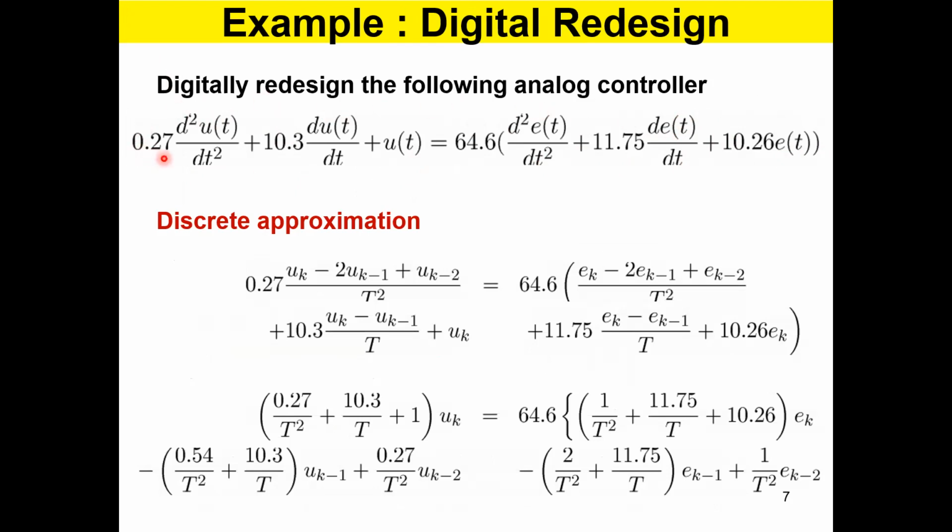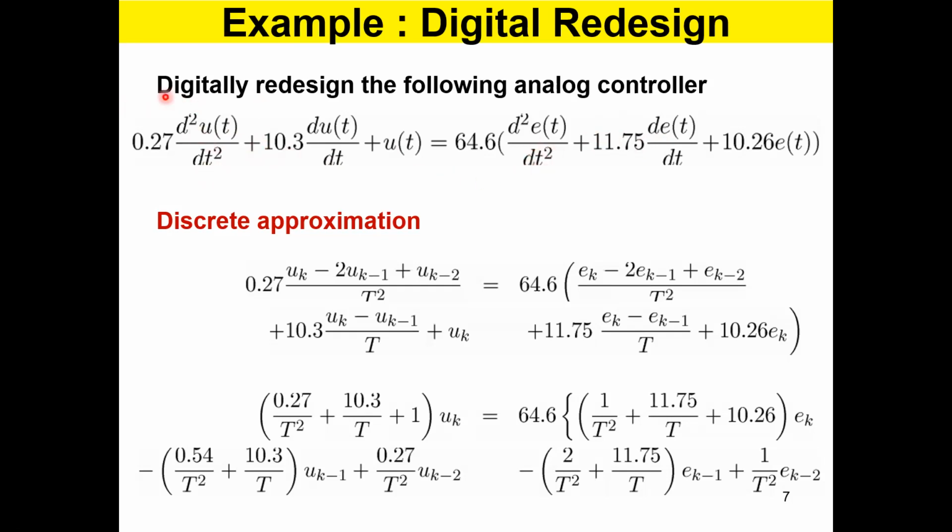This is the controller, 0.27 d²u(t)/dt² plus 10.3 du(t)/dt plus u(t), like that. This is the error signal. This is coming from a continuous controller. So I want you to replace these derivatives, the first and second derivatives, du/dt and d²u/dt², using their sampled signals, u_k, e_k, etc. And develop the discrete equation.